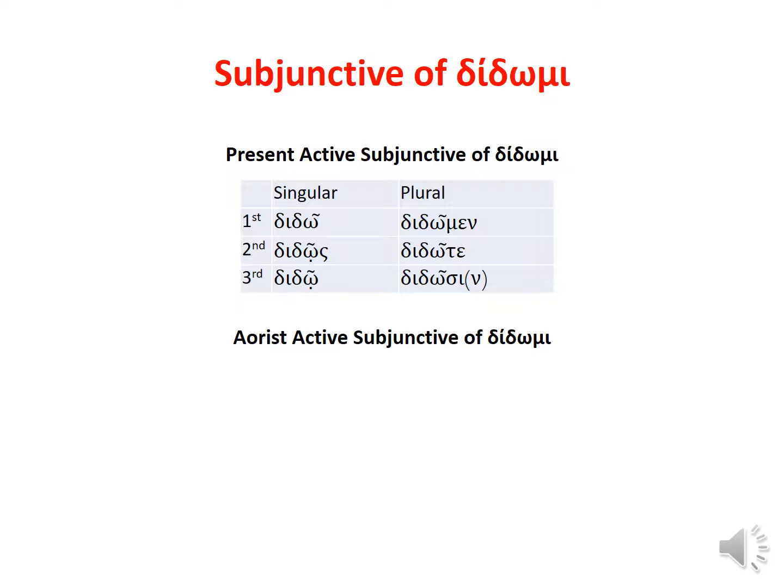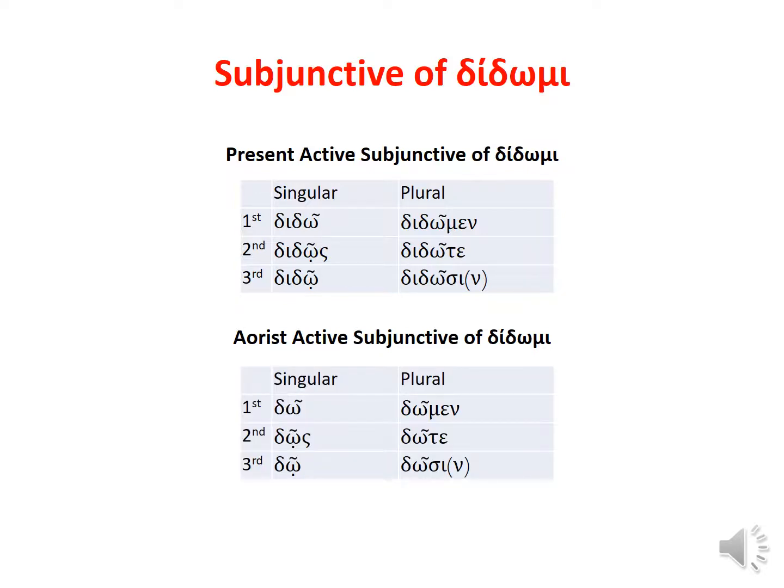Didomi is a little bit special because since it's an omicron class verb, it ends up becoming omega every time because omega is supreme. So we get that lengthened vowel all the way through. The second thing to remember about subjunctives is that they always use primary endings, never secondary endings, even in the aorist. So the aorist also will use the lengthened connecting vowel, but primary personal endings.